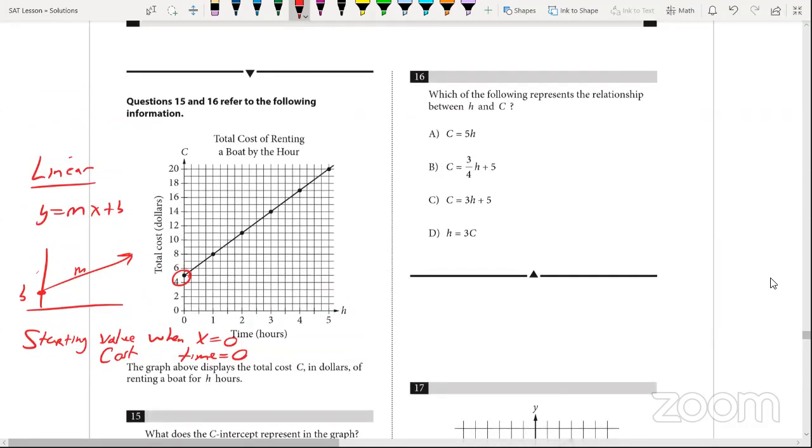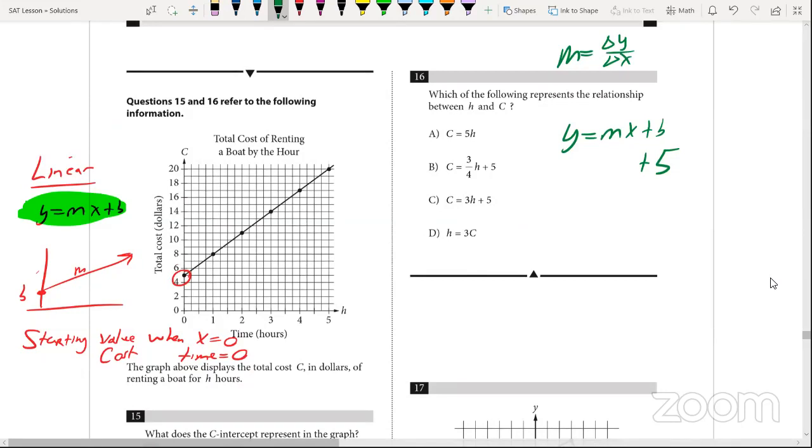Now we're going over to 16. What's the relationship between H and C? The relationship is getting back to this idea of y equals mx plus b. What is our slope and what's our y-intercept? The y-intercept is 5, and your slope is your change in y over change in x.